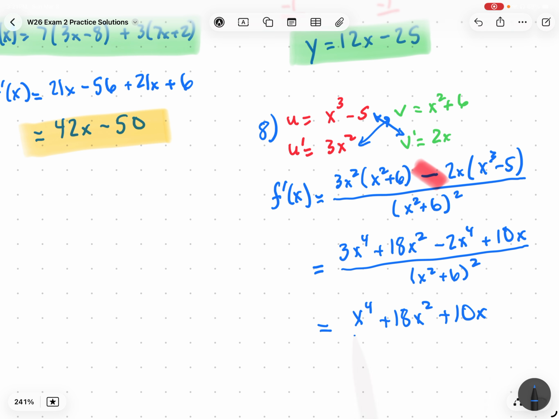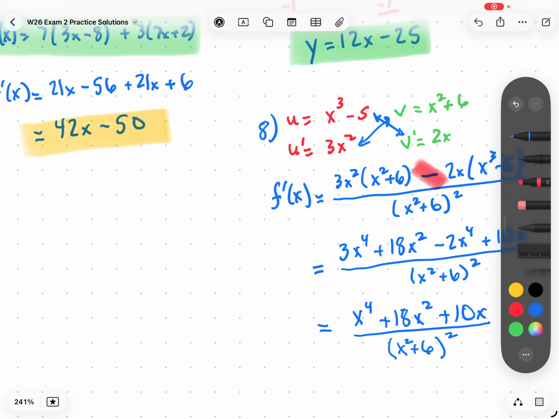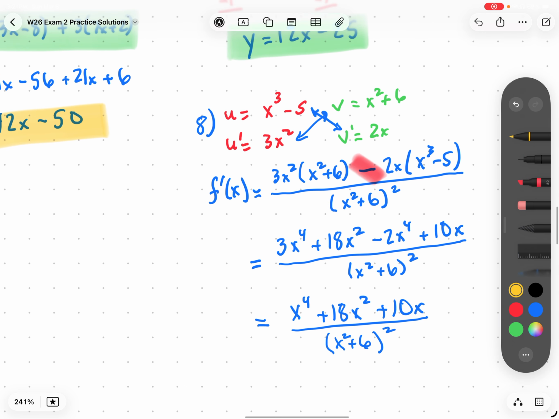That's all that's left in the numerator when I combine like terms, and then again, just leave the x squared plus 6 down there, squared, obviously. Okay, hopefully that's obvious. Anyway, let's highlight this, and we'll call that our answer. Same one that I have in my written answer keys.